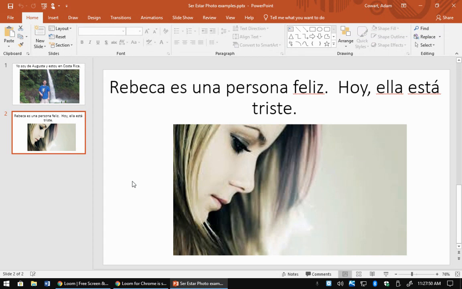Okay, what's very important to remember about the verb ser is it reveals something about who you are. So her general personality, she's a happy person. She's a happy girl. You know, most every day she'll be smiling, right? Today she's in a sad mood. Perfect example I could use for myself as well. I'm a very happy person. I'm genuinely happy most of the time.